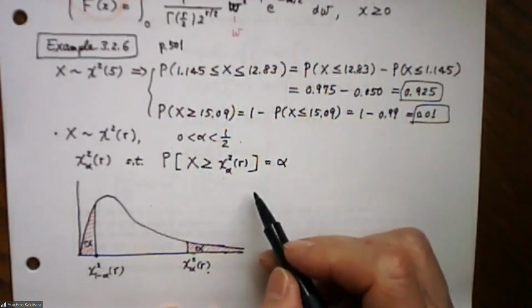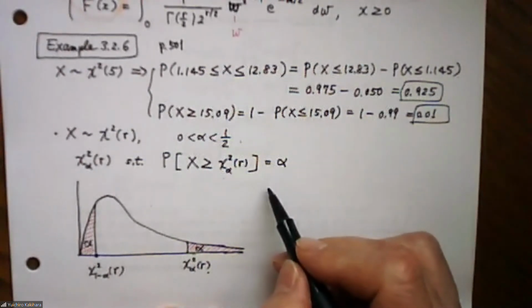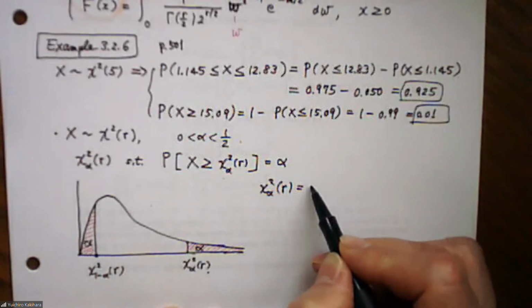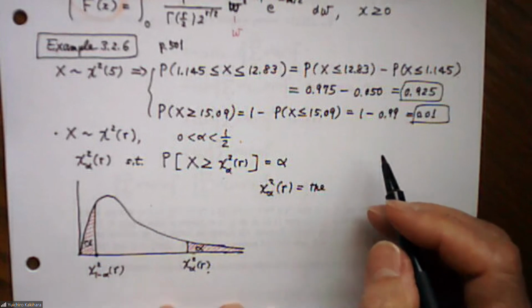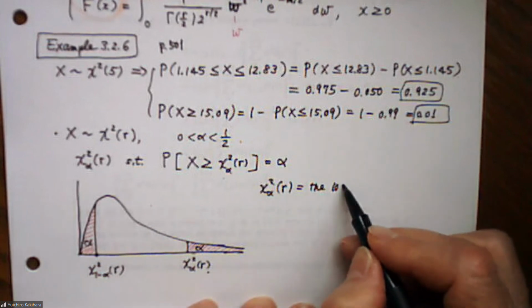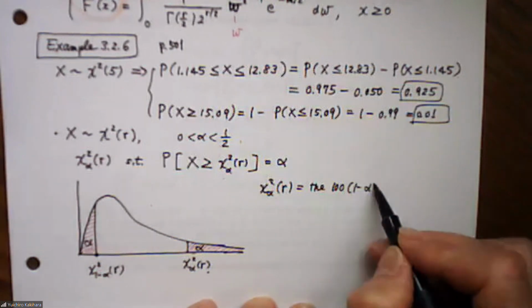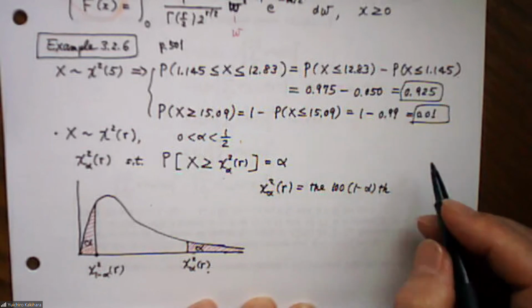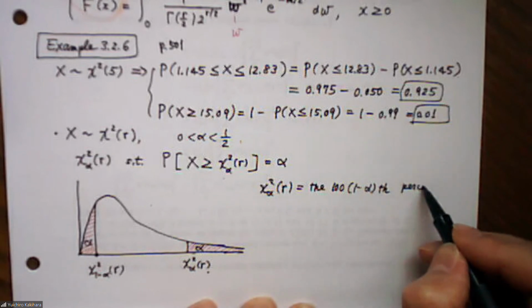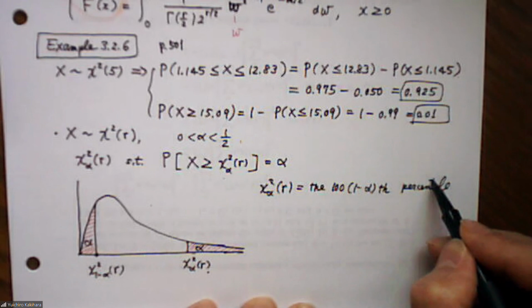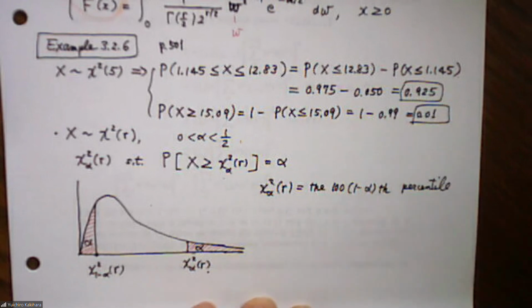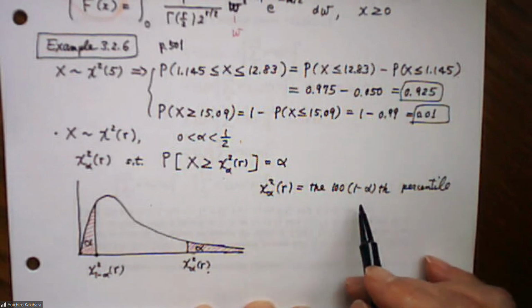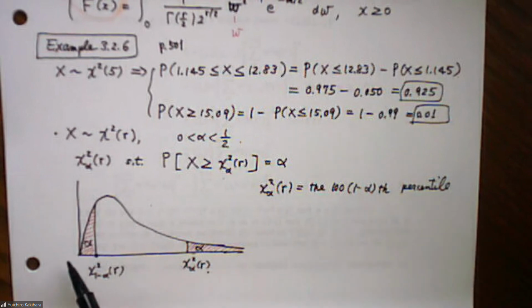Here's an interpretation: chi-squared sub alpha of r is the 100 times 1 minus alpha percentile, because the area of this portion is 1 minus alpha.